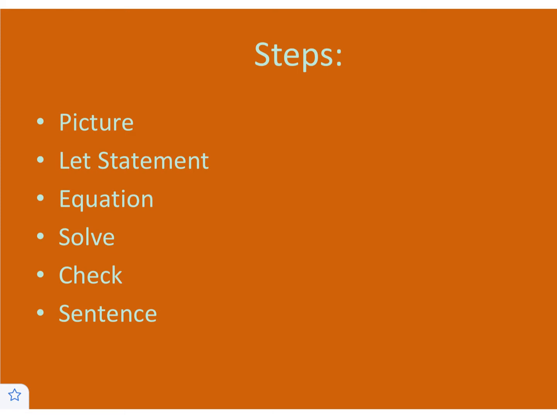Definitely a let statement to tell us what we're looking for, some kind of equation to match one of those perimeters, then solve it and get an answer. These are now going to be about finding sides of these different shapes, so our answers should be positive numbers. We're not going to have negative numbers here. We can't have a negative length to anything.